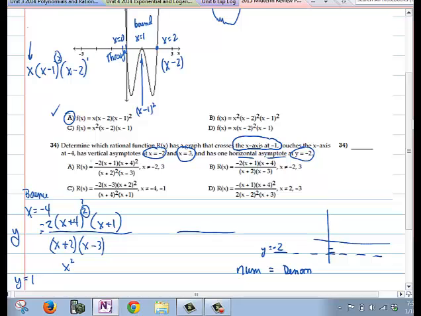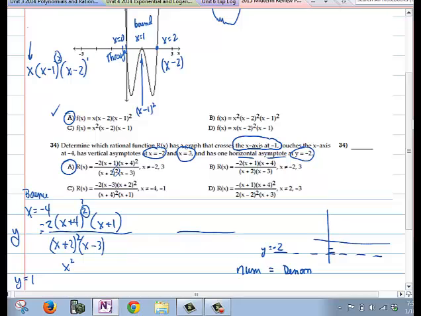So I'm looking at my choices, and I see this is the closest one to what I have going on in the top. And in the bottom, oh, they made that squared. So now that means that you have the same order top and bottom, and you will have that asymptote.